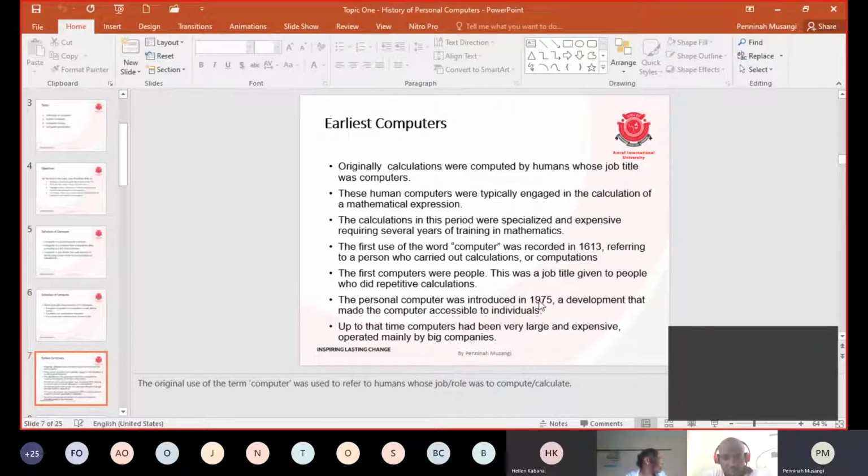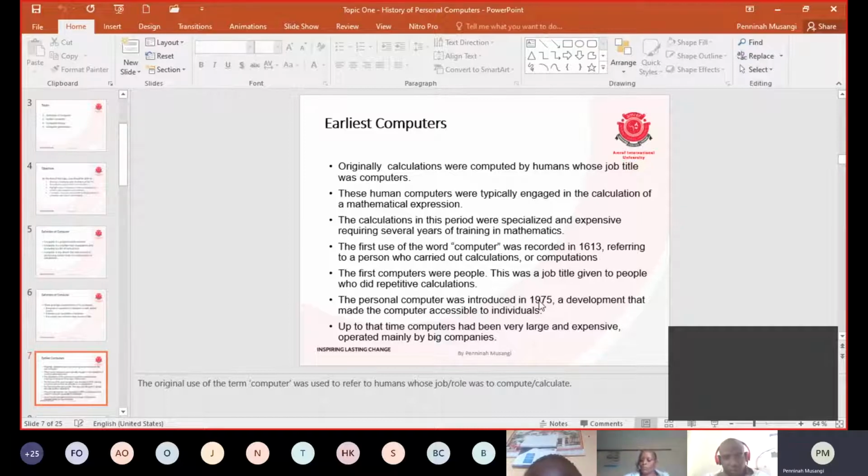now let's look at the earliest forms of computers. Originally, calculations were done by human beings, and these humans were assigned the job title computers. The word computer actually meant one who computes.